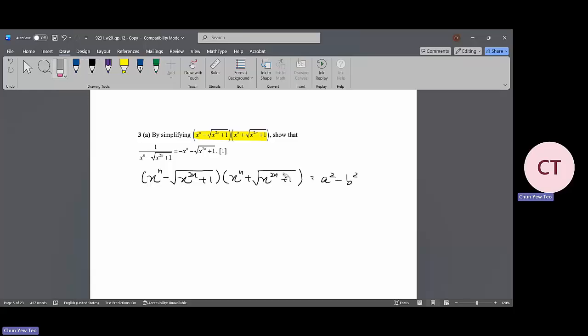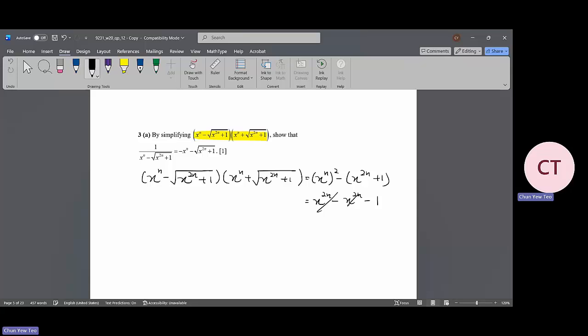So over here we can make this become our a squared minus the square of the square root of x power 2n plus 1. The square root and the square already offset, so you can write it in this way. Then you will get x power 2n minus x power 2n minus 1.